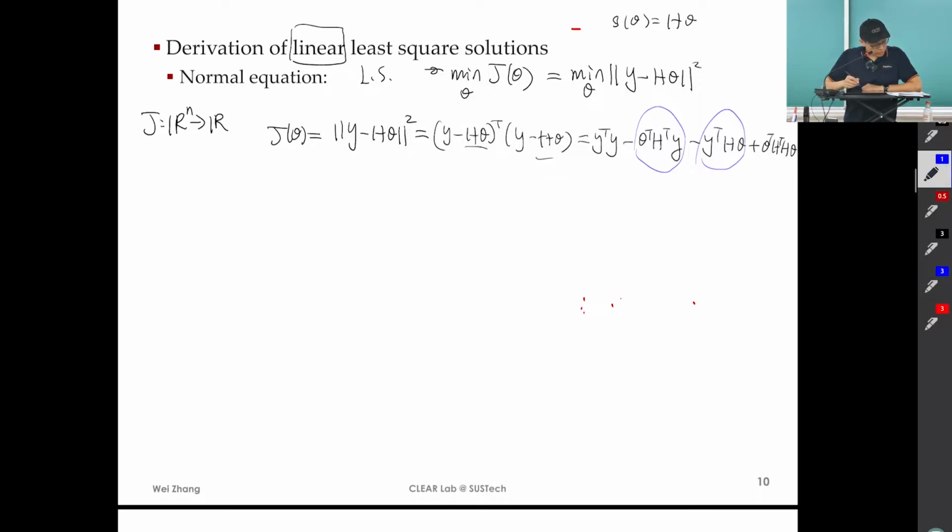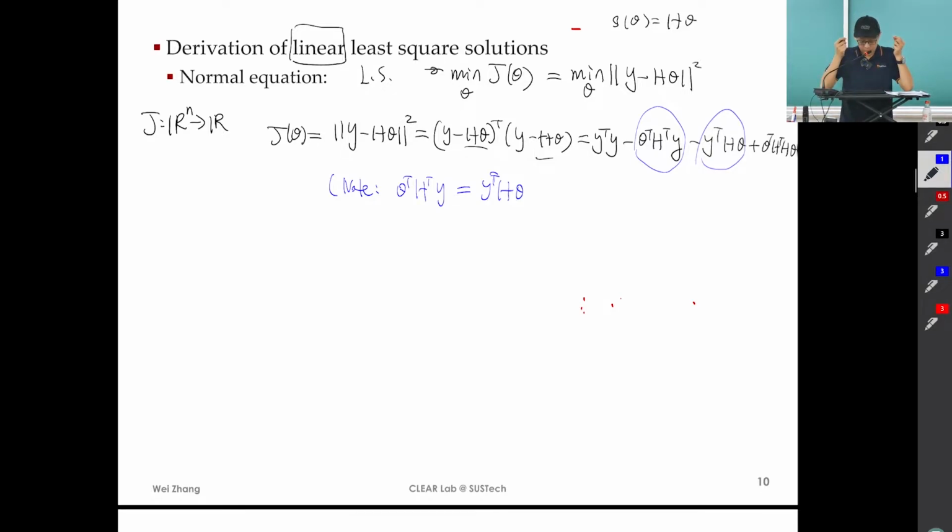Okay, so I'm going to claim theta transpose A transpose y equals y transpose A theta. What is a vector whose transpose equals itself? A scalar, right?